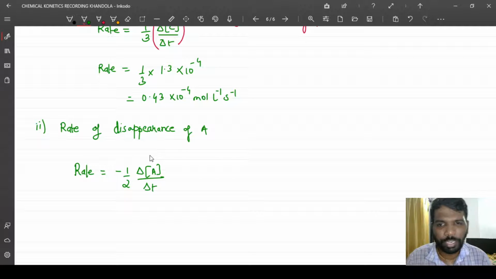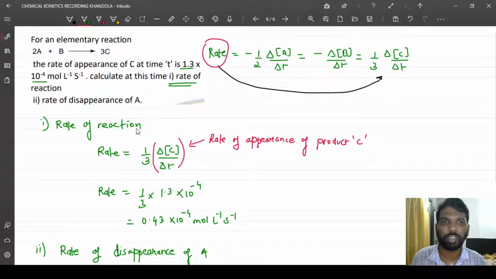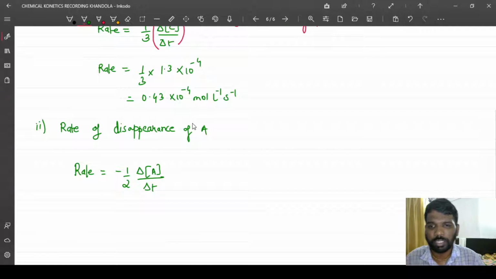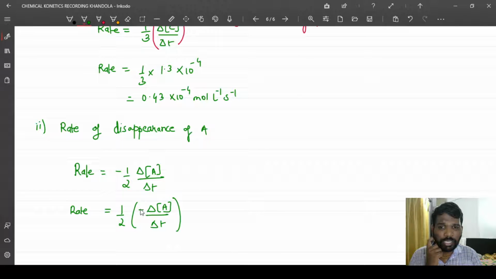Now here we need to make a small rearrangement. What we are told to find is the rate of disappearance of A, and how rate of disappearance of A is given. I will write again rate is equal to, and I take this minus sign inside, so half delta A by delta T. Whenever you see the negative sign, together this difference delta is negative.